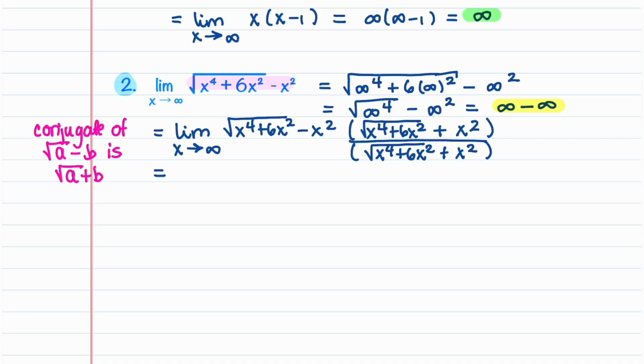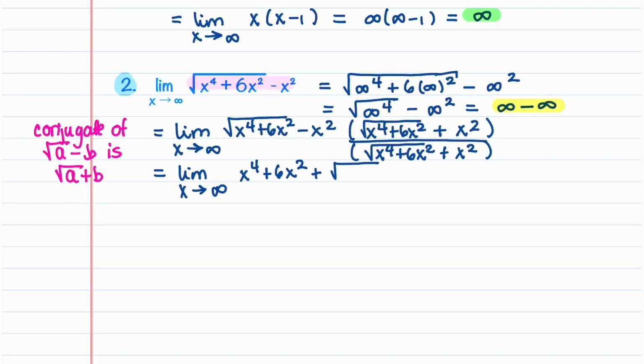Now let's go ahead and multiply things out. Just to make it easier, I'm going to use the FOIL method. So we're going to multiply the first terms. That's both of the square roots, and they multiply out to be x to the fourth plus 6x squared. And now we're going to multiply the outer terms.